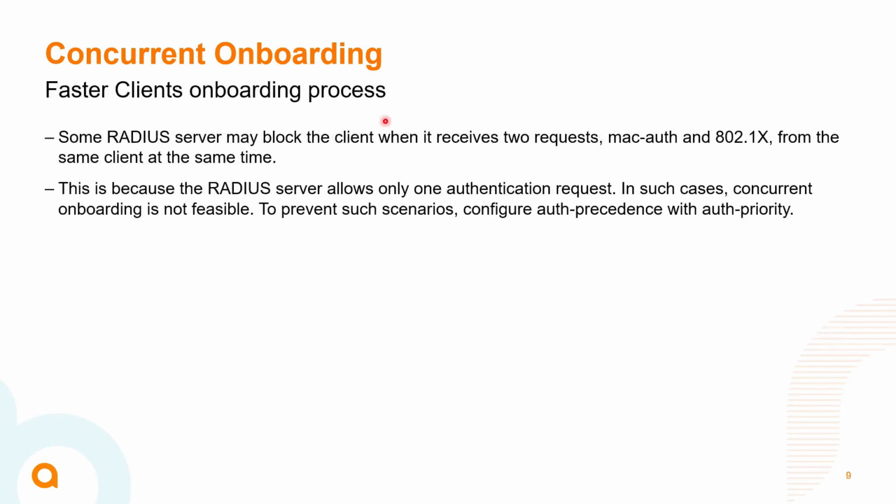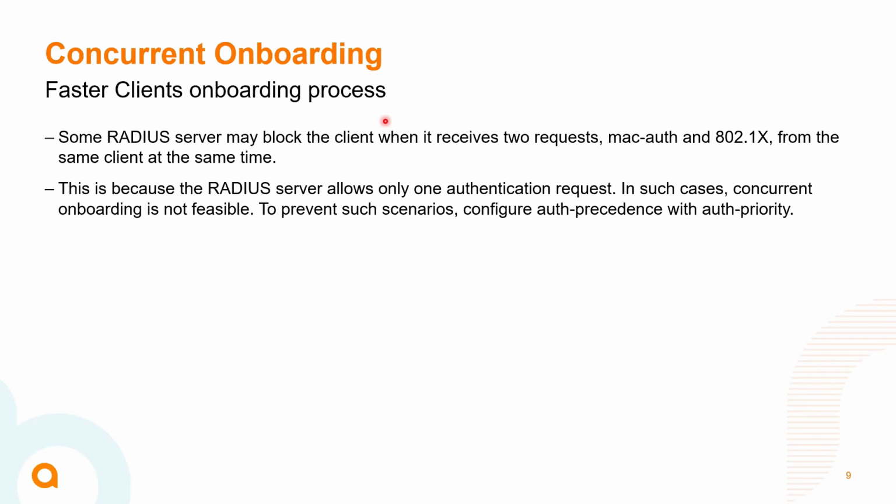This is not a limitation, but sometimes during deployment, we see for a few clients that the Radius server will only accept one type of auth method. That means for one client, if it is a PC, it will allow only .1x. If it is a MAC auth client, it will only allow MAC auth.